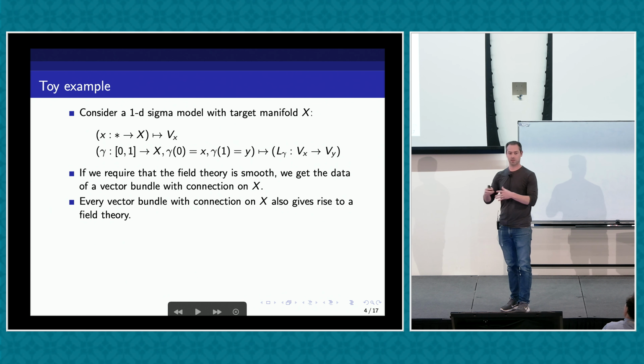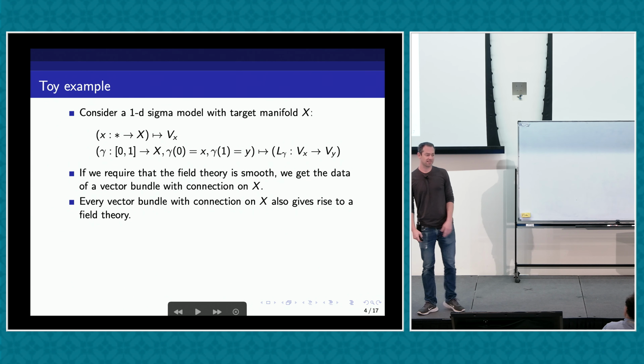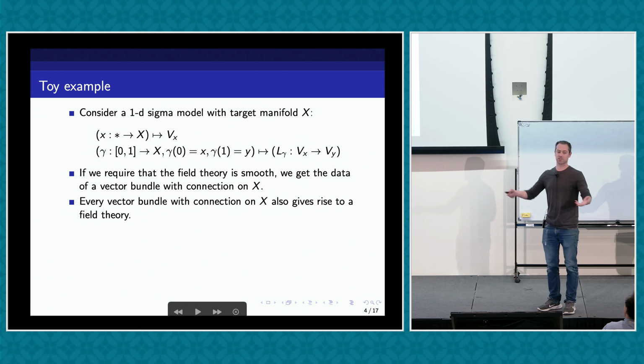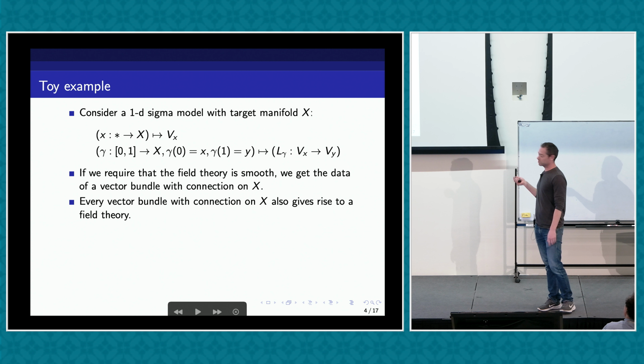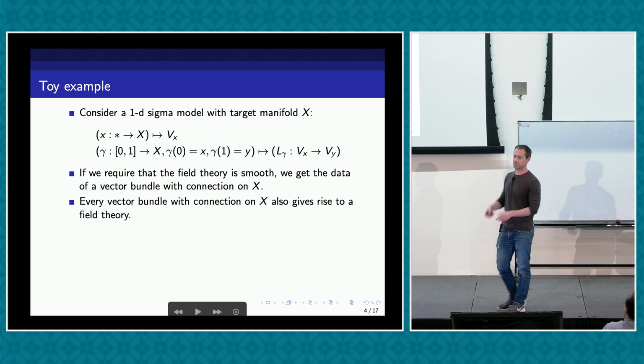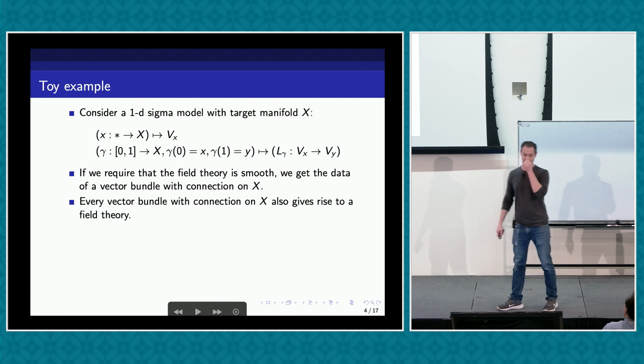So you have evaluation and co-evaluation maps, and they have to go to the usual evaluation and co-evaluation maps for a duality between finite dimensional vector spaces. So everything is determined by just this data here.